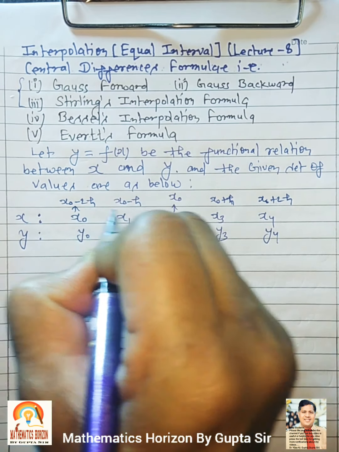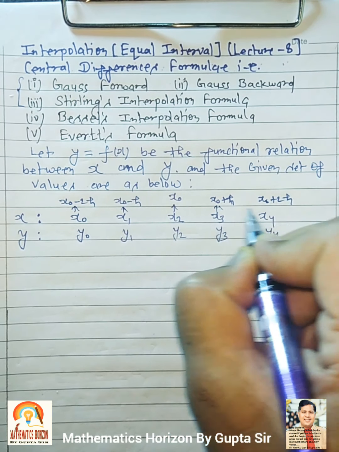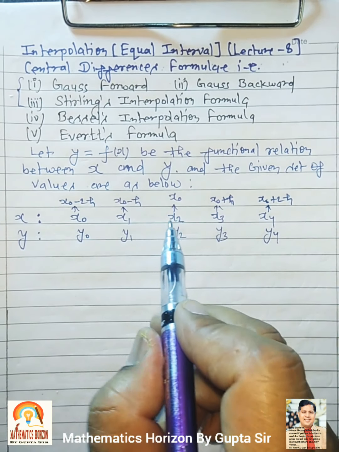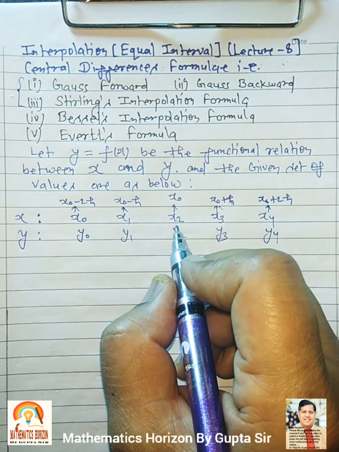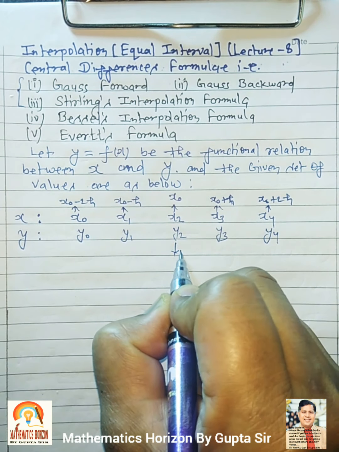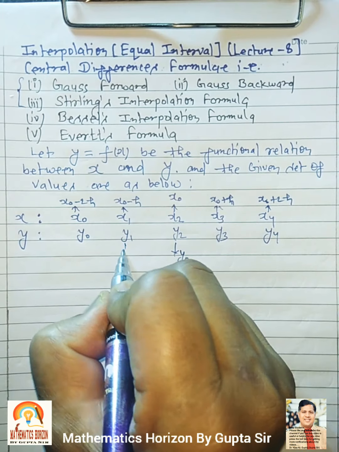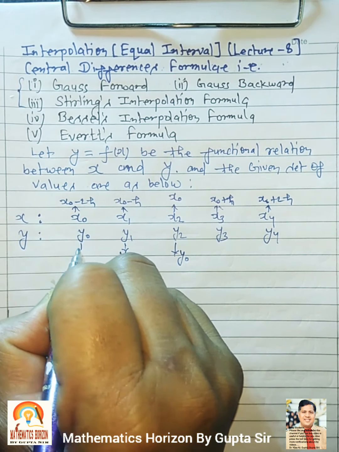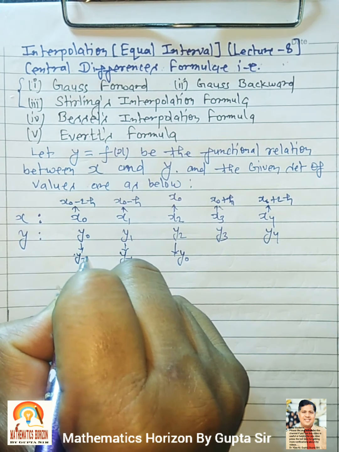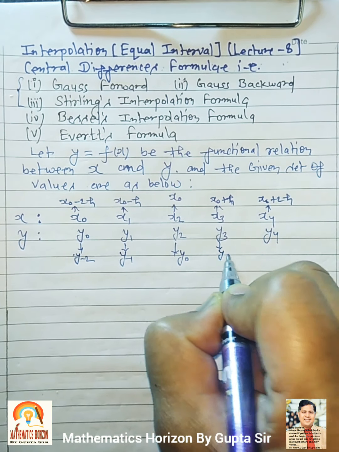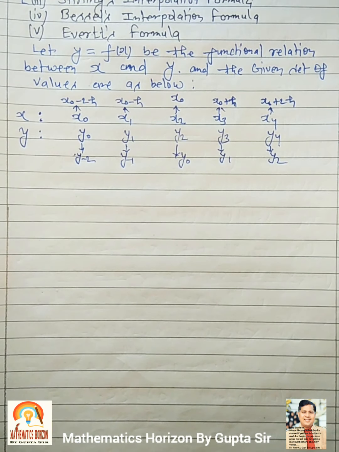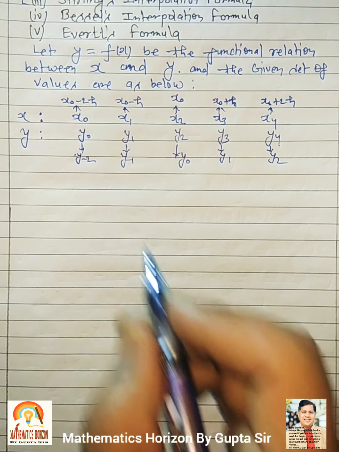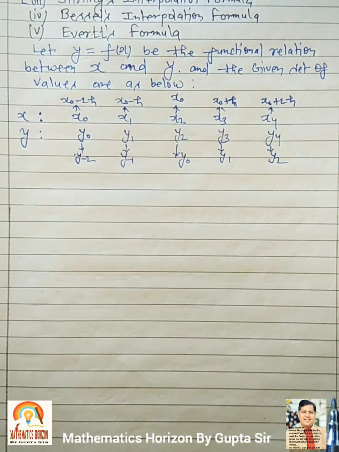Suppose the value near the center of the table is x0, and the corresponding value is y0; the others are called y minus 1, y minus 2, y1 and y2. Now, what will be the central difference table for such notations?